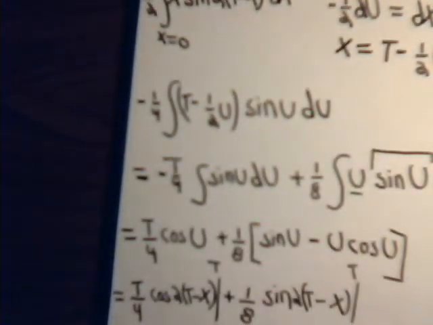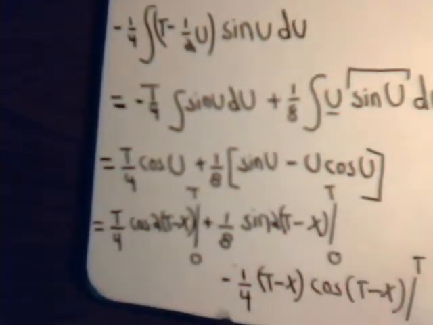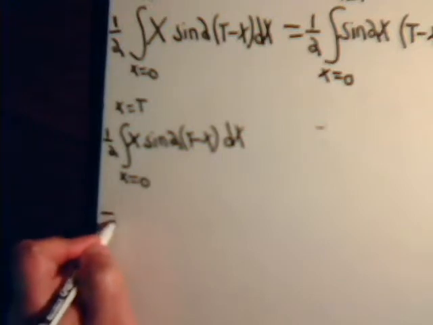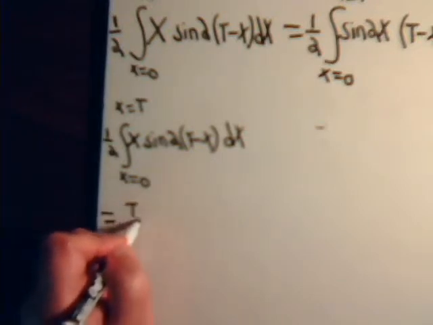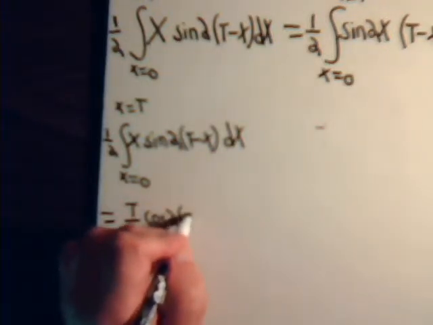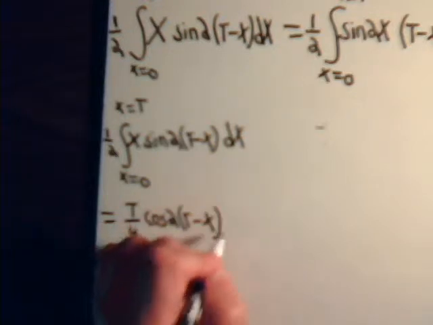So we had to remember, write this down, write this down, and write this down. We're going to need these three terms. So this is equal to t over 4 times the cosine of 2t minus x.